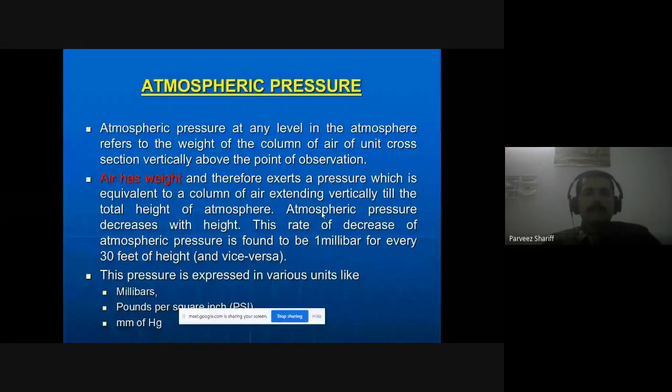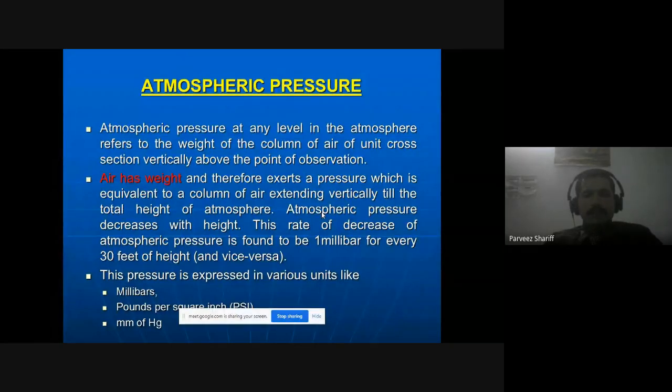The atmospheric pressure at any level in the atmosphere refers to the weight of the column of air per unit cross section. So air has weight, and as we have discussed before, the pressure and density of air decrease as we go higher in altitude.